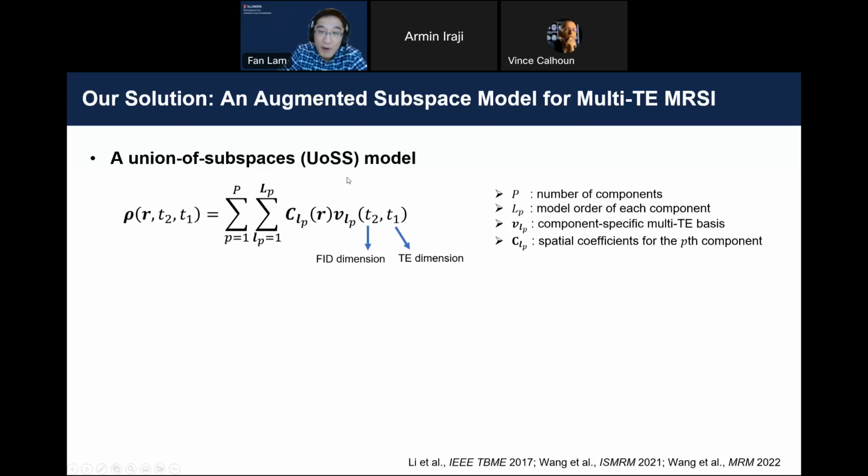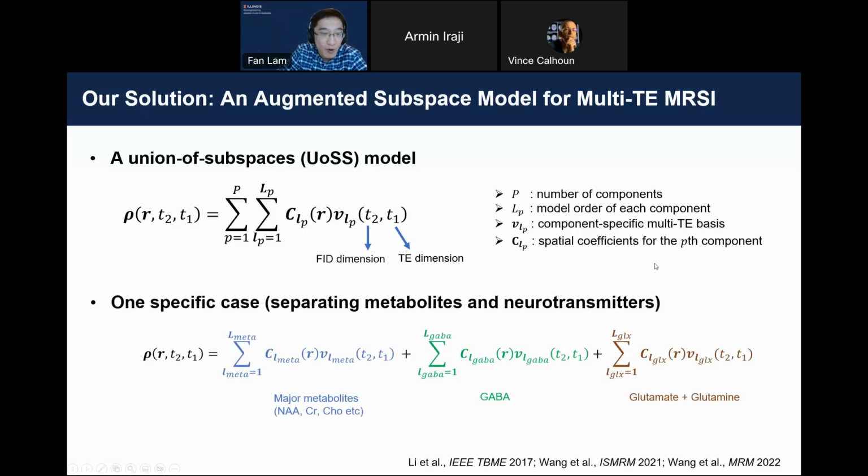We assume each component resides in its own individual subspace. One example is that we can decompose this multidimensional function into a major metabolite component, capturing mostly things that you would do using single TE MRSI, but also additional neurotransmitter components such as glutamate and GABA. And you assume each one of them resides in its own low dimensional subspace.